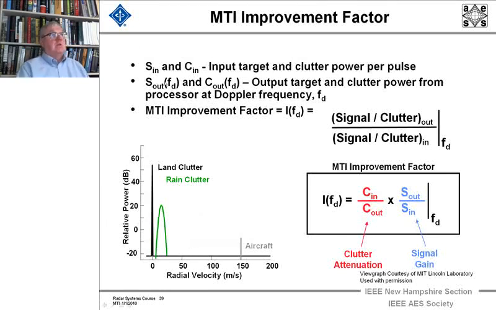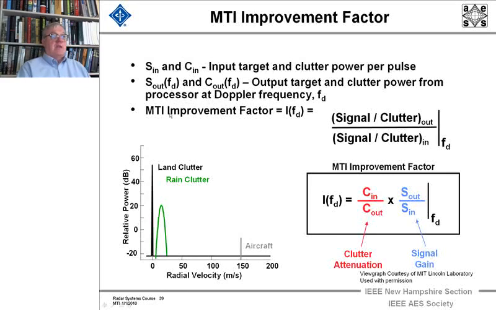Note that the signal in to the processor and the clutter in per pulse are up here, defined, and the signal out at a specific Doppler frequency and the clutter output at a specific Doppler frequency are defined here.